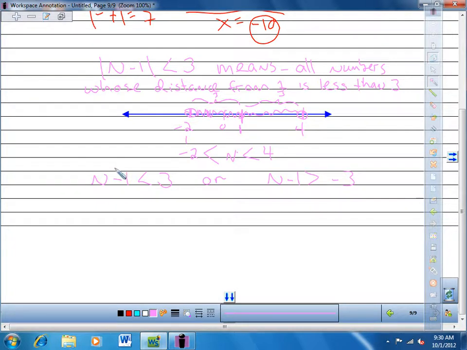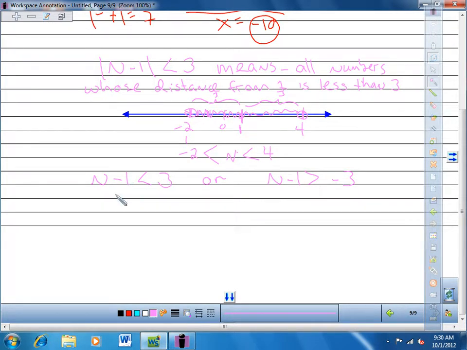So what you have to do is take away the absolute value and leave the thing alone and solve that one. And the other thing you have to do is take away the absolute value, flip the sign, and make the right side negative. Okay, so you have to do 2 things.